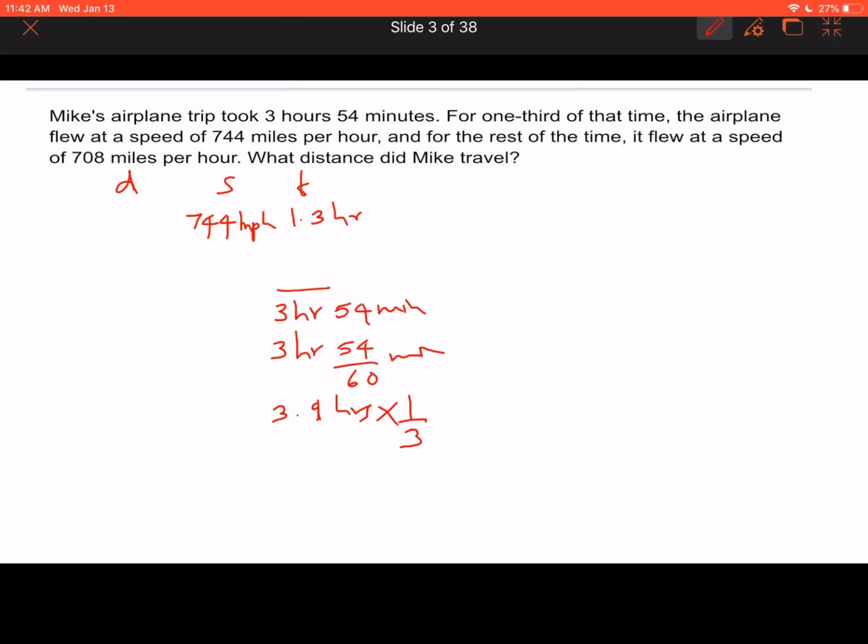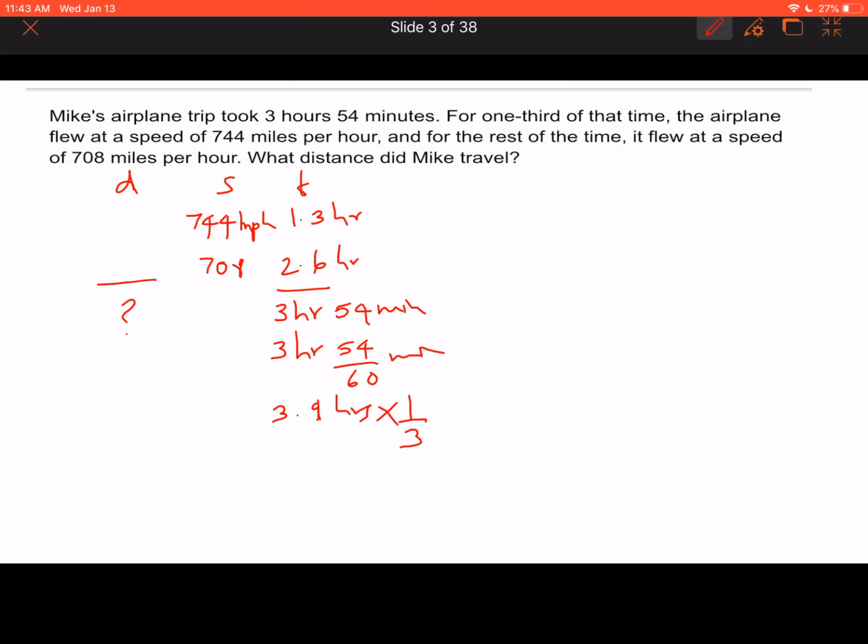So 3.9 hours minus 1.3 hours is 2.6, right? For this it travels at the speed of 708. We want to find the total distance, the distance Mike traveled. So now we know all the values, then it's going to be simple.